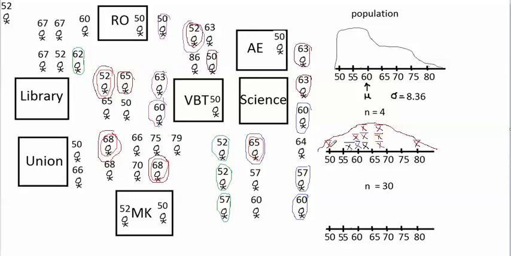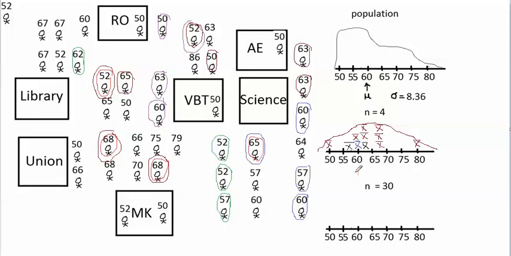Now, all of the sample means in this distribution actually have a mean and a standard deviation. Because if this distribution is just made up of a bunch of values, a bunch of x bars, those x bars have a mean and standard deviation of their own. And it turns out that the mean, or the center point of the sampling distribution, is actually the same as the population mean.